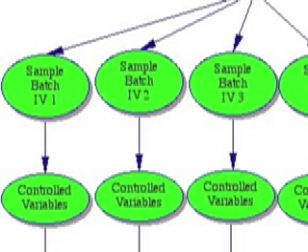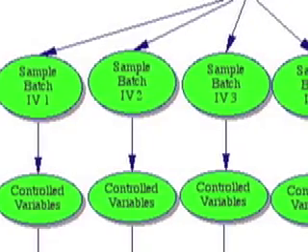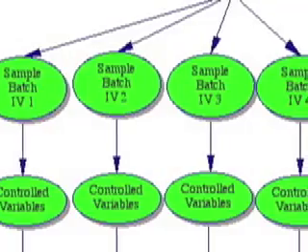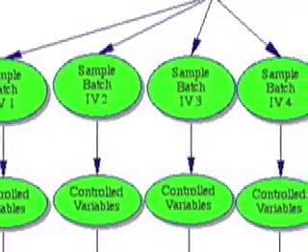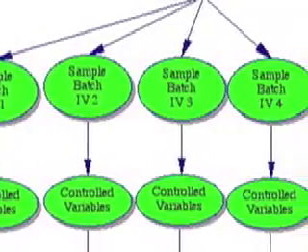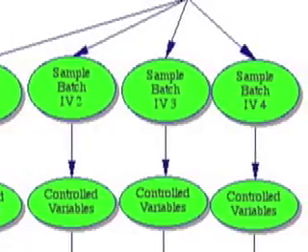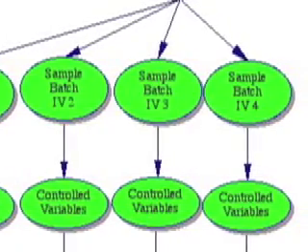In our experiment with light and plants, we would have to make sure that all the plants, each sample batch, had the same amount of water, the same kind of water, the same soil, the same amount of soil, and so on. That way we will know that the independent variable is the reason something changes.